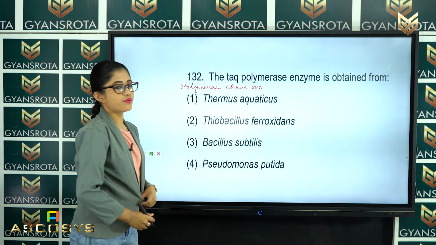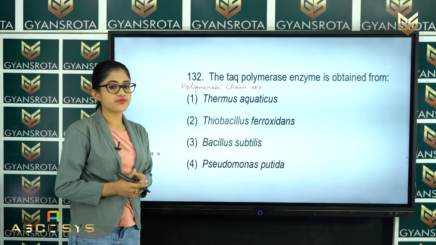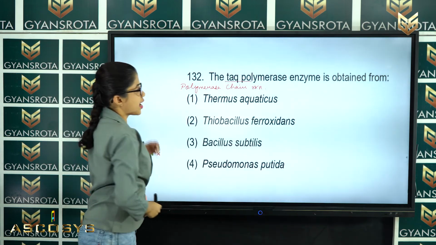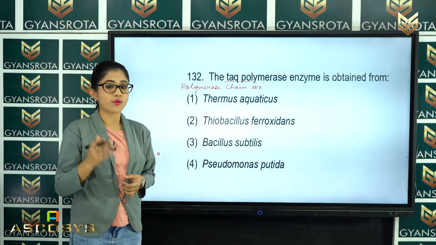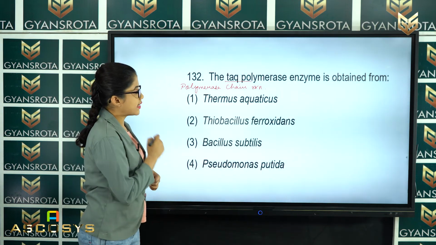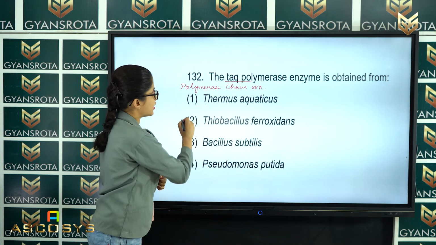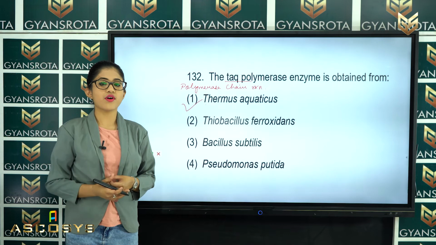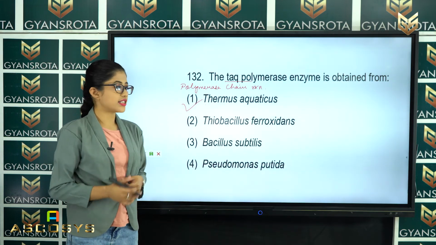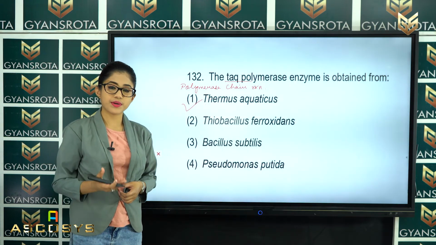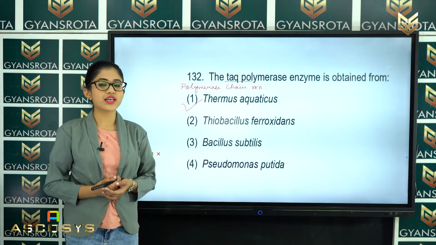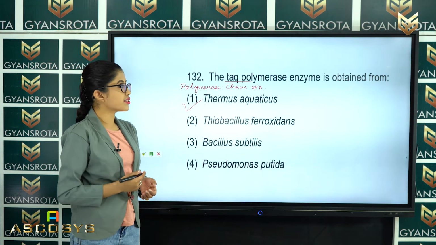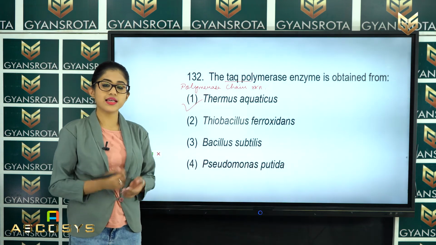During this process, the DNA polymerase which is used is called the Taq polymerase, and this polymerase is obtained from a bacterium called Thermus aquaticus. So, option number 1 is the correct answer, and you already know about these chapters, Biotechnology Principles and Processes, where the name of this bacterium, Thermus aquaticus, from which the enzyme Taq polymerase is obtained, is also given.